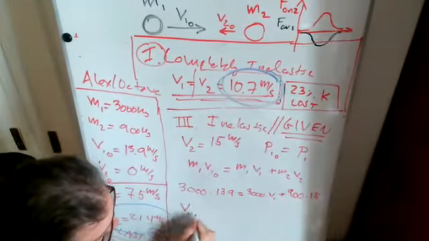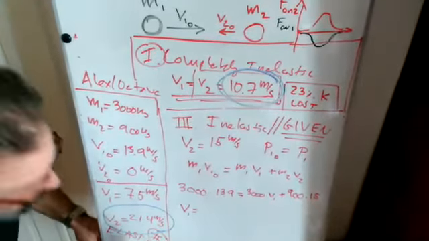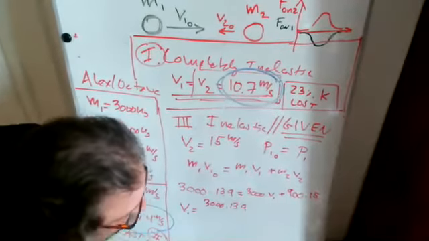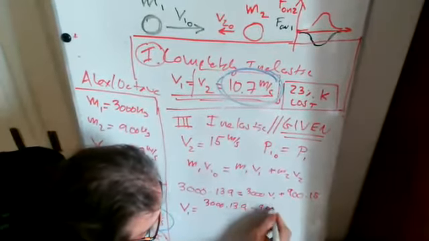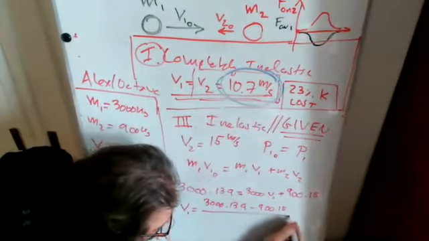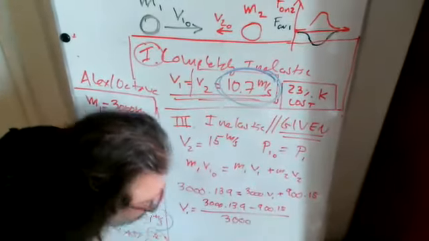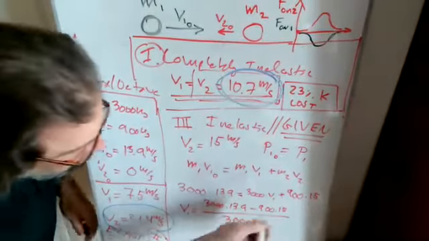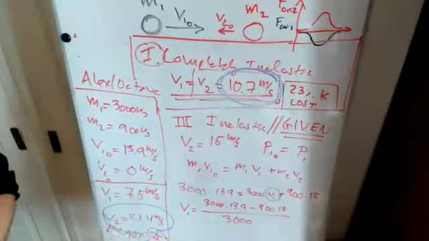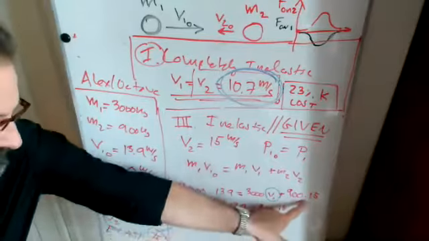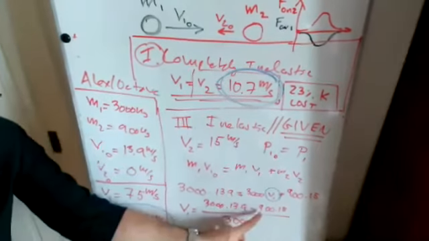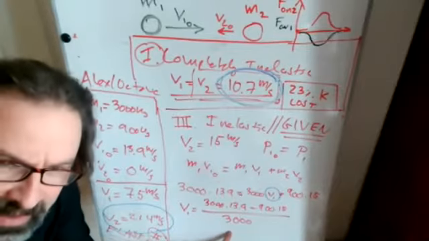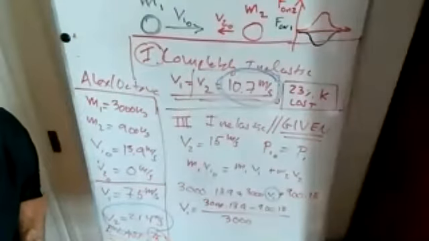So V1 is equal to 3,000 times 13.9 minus 900 times 15, whole thing divided by 3,000, solving this equation for V1. There we go. I hope that makes sense. So we moved this over to the left side by subtracting it, and then we divide by the 3,000 to solve for V1.